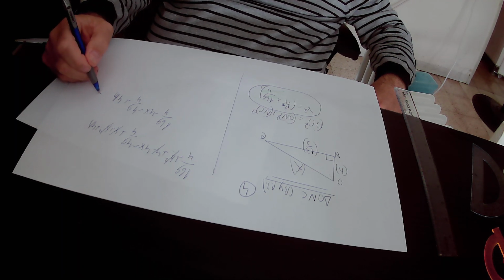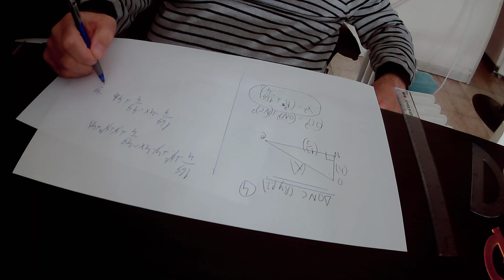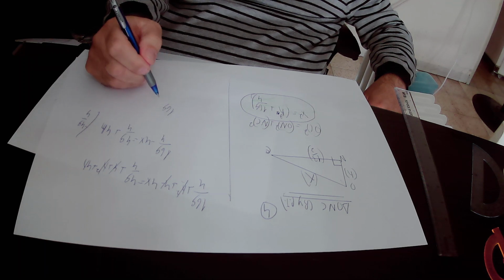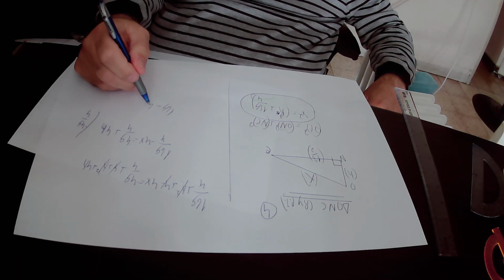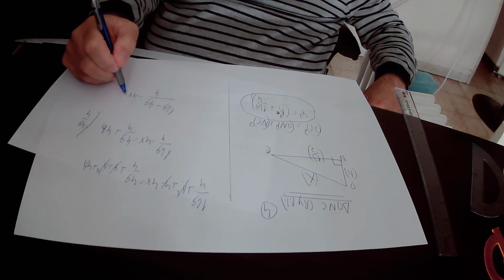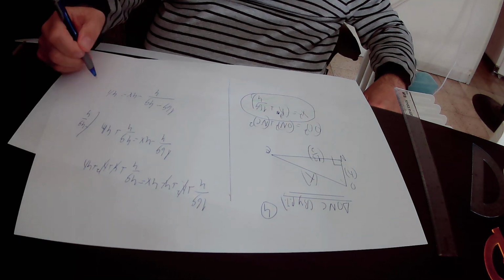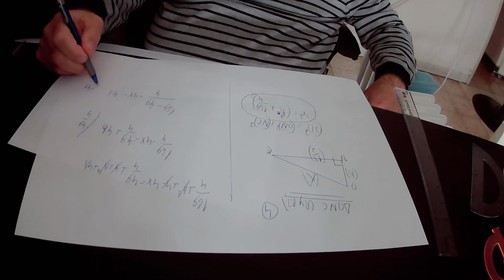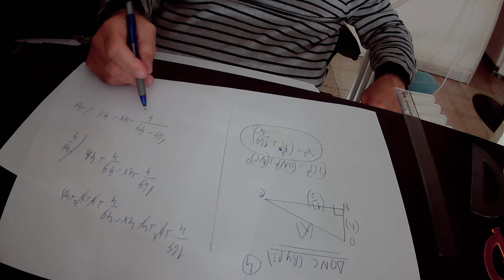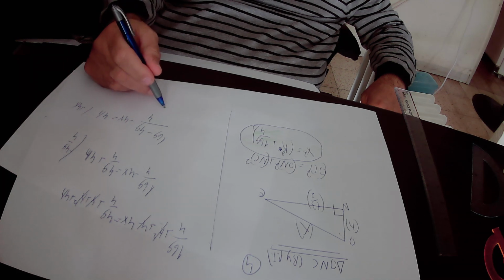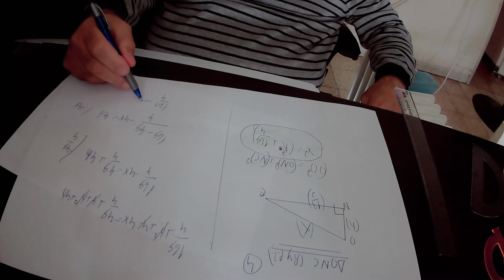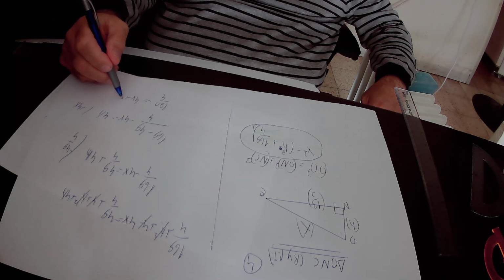Here we subtract 49 over 4 from this equation, and you get 169 minus 49 over 4 minus 4x equals 4h. Here we move 4x over, and finally we get that 169 minus 49 is 120, so in total this expression, 120 over 4, is equal to 4x plus 4h.